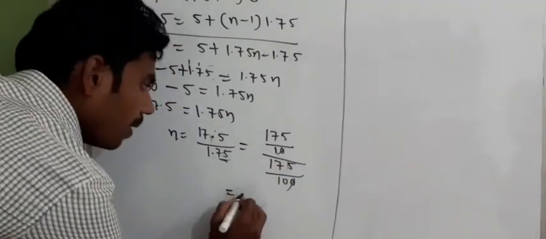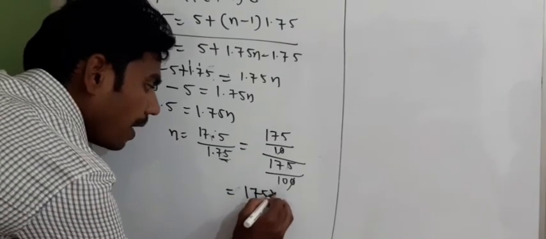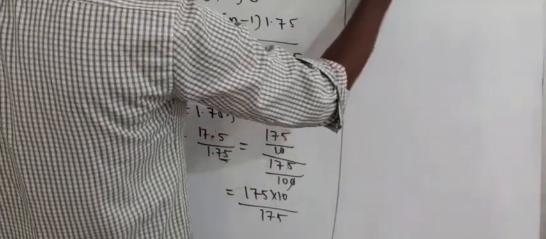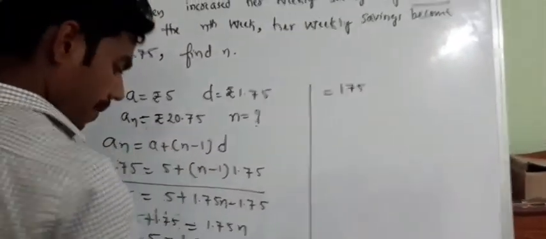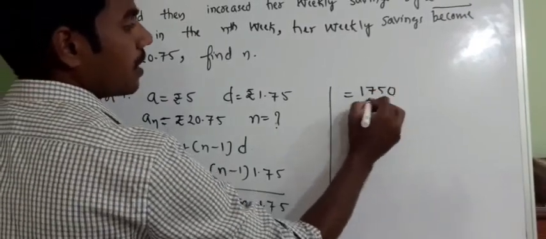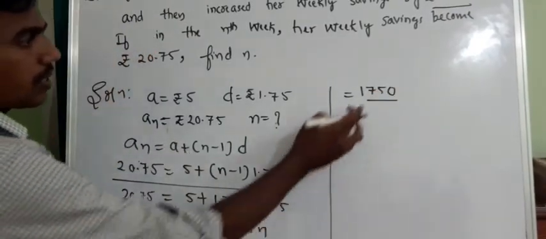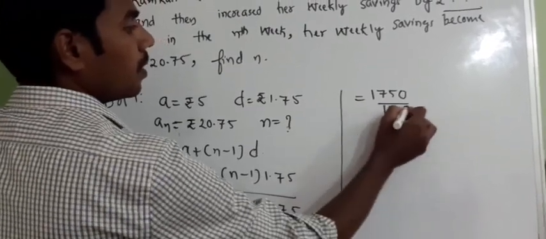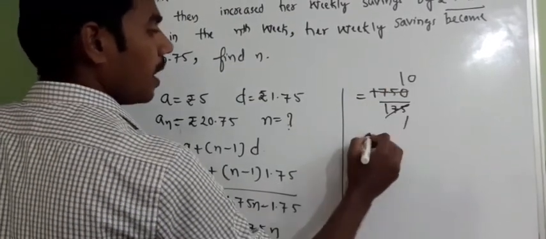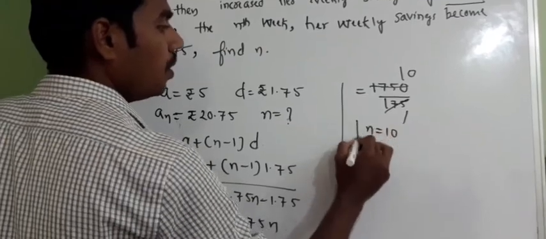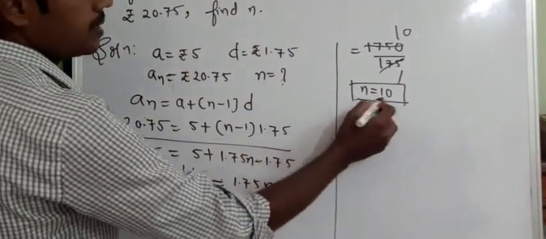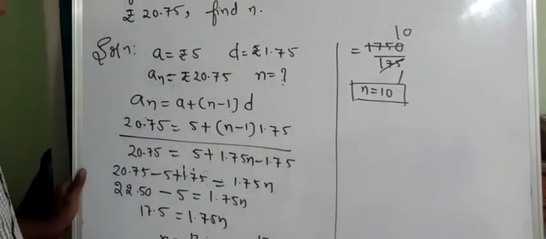What will I get? 175 into 10 divided by 175. 175 into 10 is 1750 divided by 175. 175 goes 10 times. Therefore n is equal to 10. So what is the value of n? The value of n is 10. So please note this down.